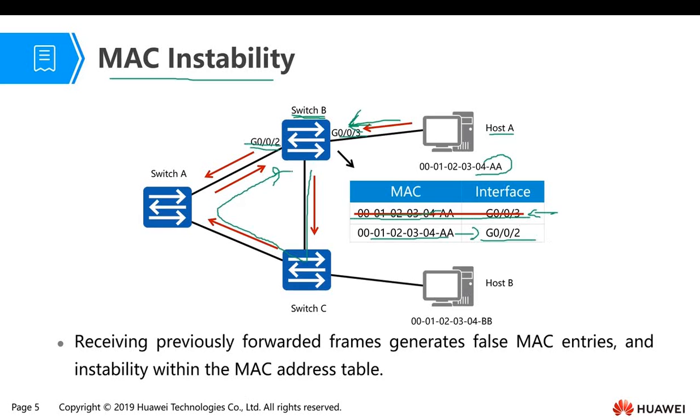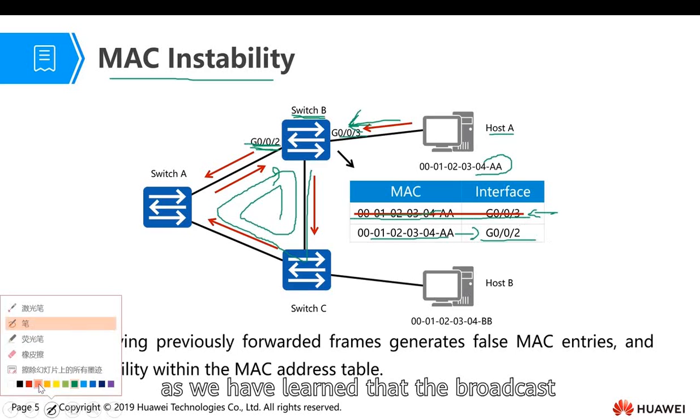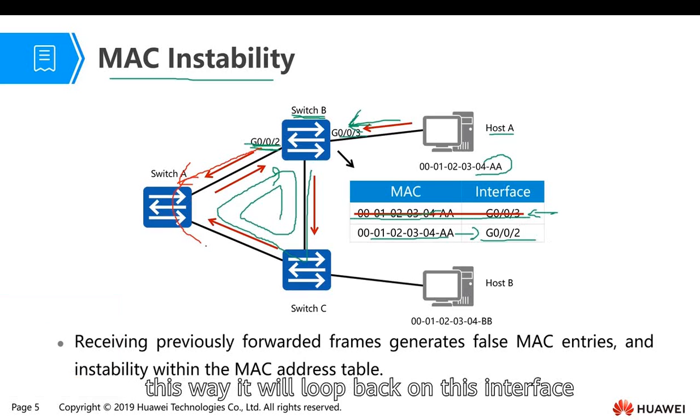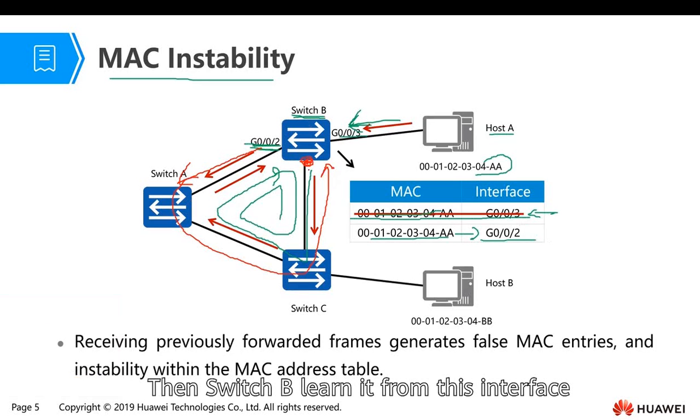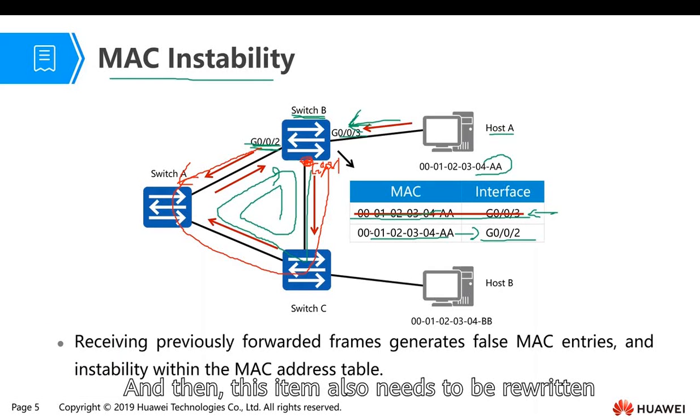Then, of course, the broadcast is flooded out of the other interfaces, and in this way it loops back on this interface. Switch B then learns from this interface, for example G0/0/1, and this item also needs to be replaced.